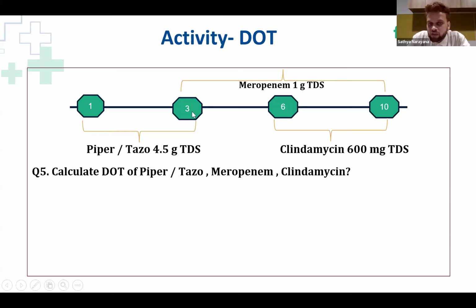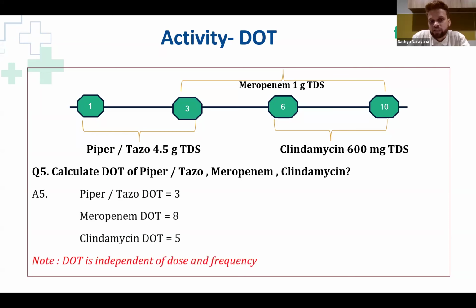In the same way, meropenem was started on the third day and continued till the last day, that is the 10th, so it would be 8 days. And next, clindamycin 600 mg is from the 6th day to the 10th, so it would be 5 days.